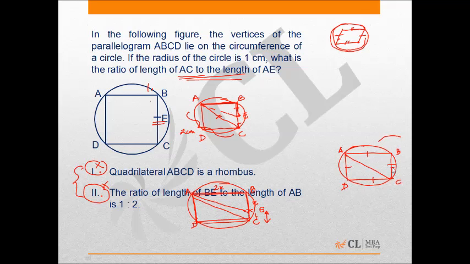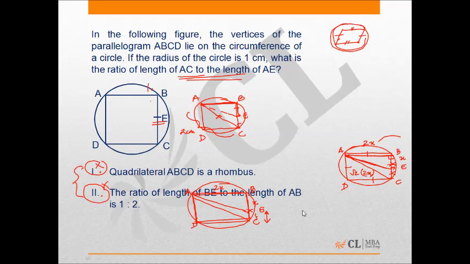And now, E being the midpoint of BC, we will be able to calculate the length of AE. How? Because now this becomes 2x, this becomes x, and AC hence becomes √2 times the side, that is √2 times 2x. And we'll be able to calculate AE using the Pythagoras theorem.